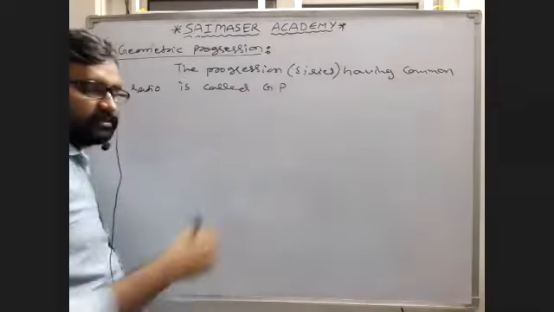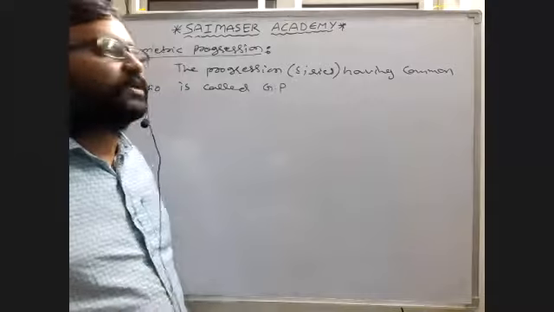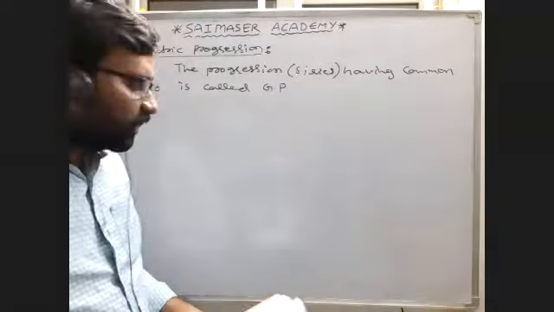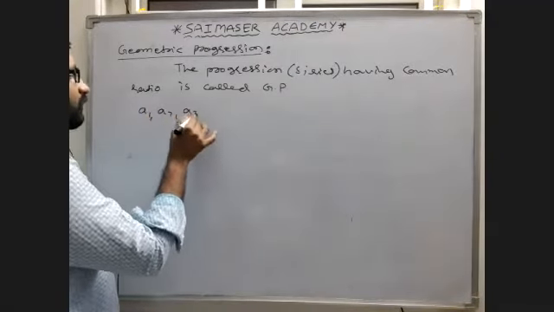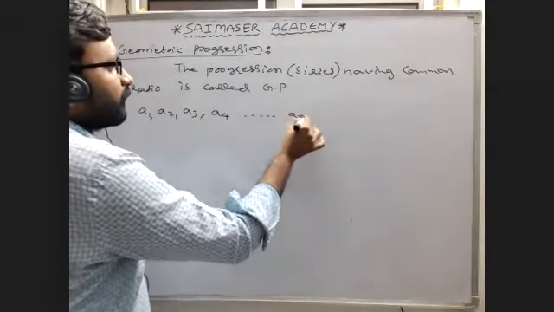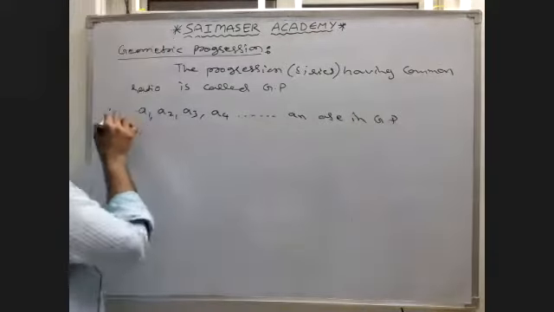We denote it like this, capital G dot capital P. Now suppose A1, A2, A3, A4, and so on, up to An, are in GP.